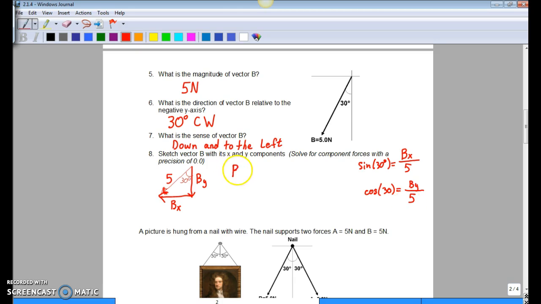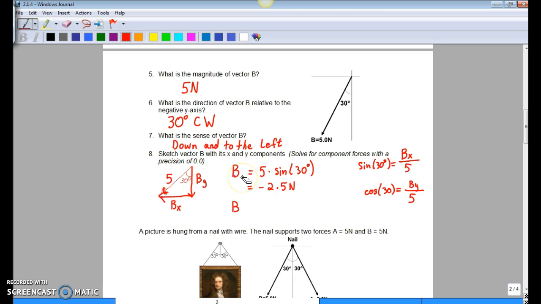So, in looking at that, we find b sub x is equal to 5 sine of 30. This time, our x direction is to the left, so we need to make sure and include a negative sign in front of that 2.5 newtons.